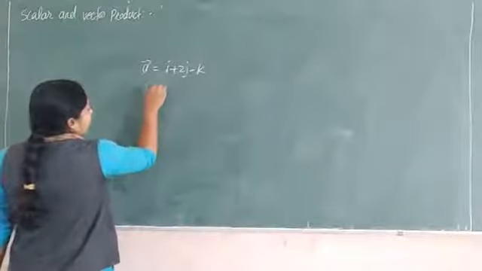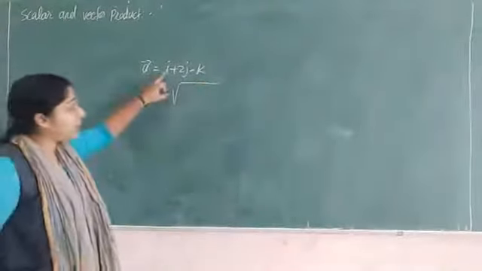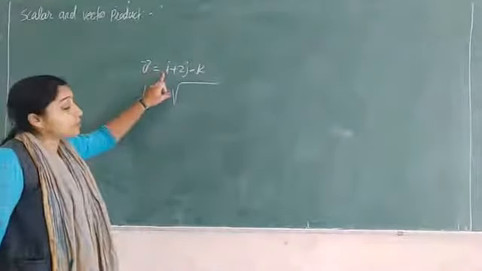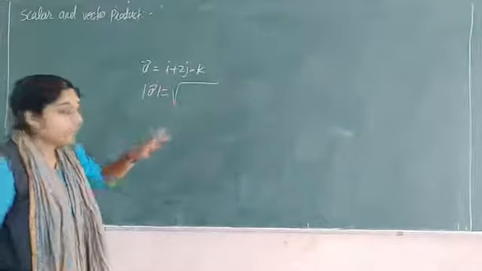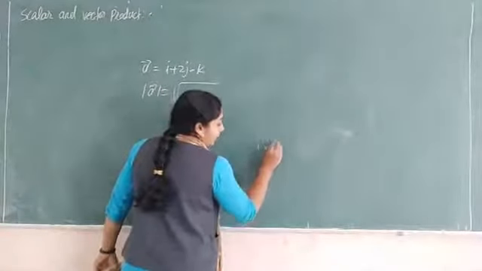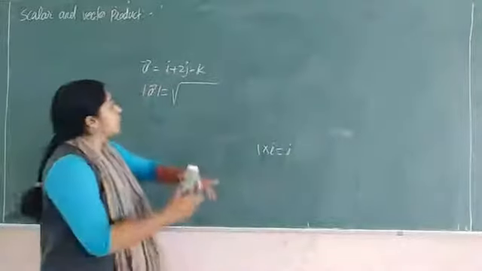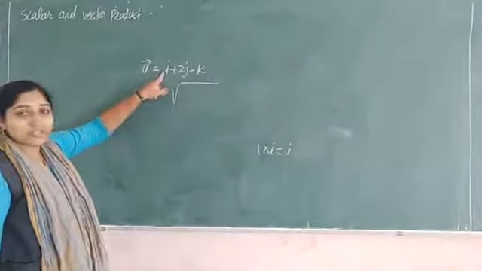The modulus of vector A is given by square root of... If you don't have any number here, and you simply have i, that means the coefficient of i is 1, because 1 into any number is that number itself; 1 into i is i itself. So if you don't have any number, we have to consider 1.